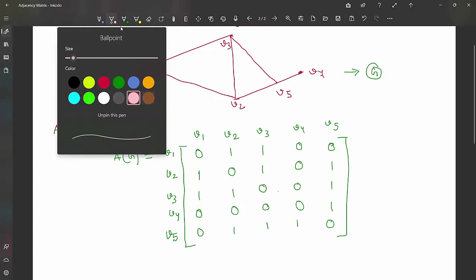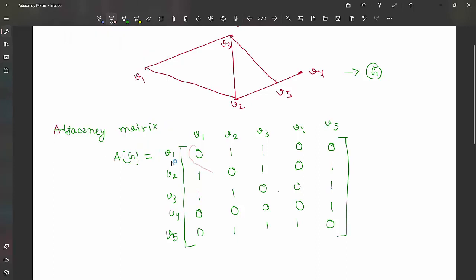Now just see some of the observations from here in this type of graph. You can see that every diagonal element is 0 here. Since the graph does not contain any self loop, in the diagonal elements you will always get 0. And also if you see the graph, this is a symmetric graph.